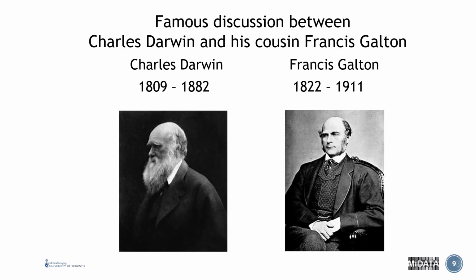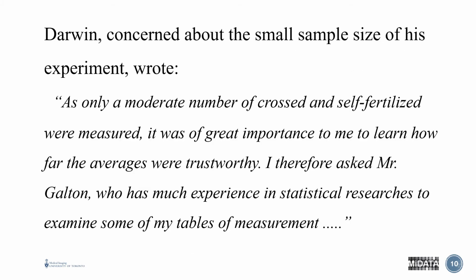Okay, last example. Let's talk about a famous discussion between Charles Darwin and his cousin Francis Galton, who both are known for their contributions to science in the late 1800s, early 1900s. So Darwin, concerned about the small sample size of his experiment, and if you'll remember correctly, he loved to work with pea pods as well as flowers to look at inheritance.